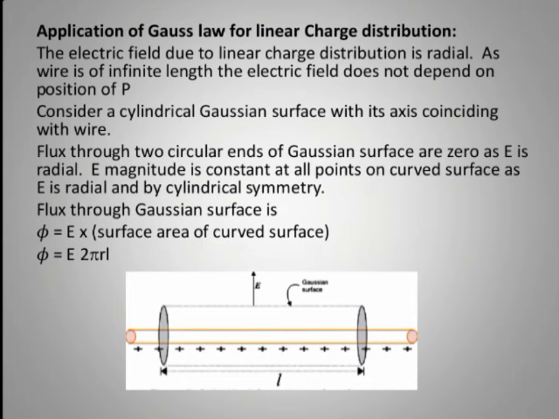Now according to the application of Gauss law, if I consider one Gaussian surface, that is your imaginary surface, within that surface you're going to calculate the electric field. You're going to consider these formulas: Gauss law's formula, phi is equal to E into surface area.